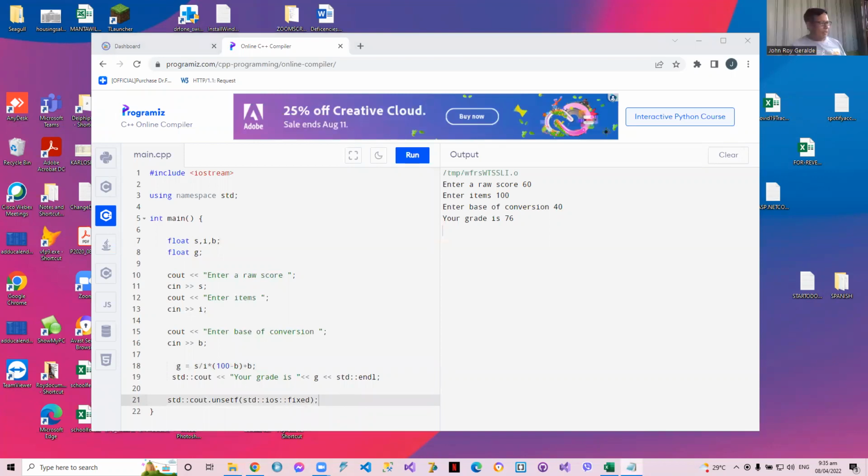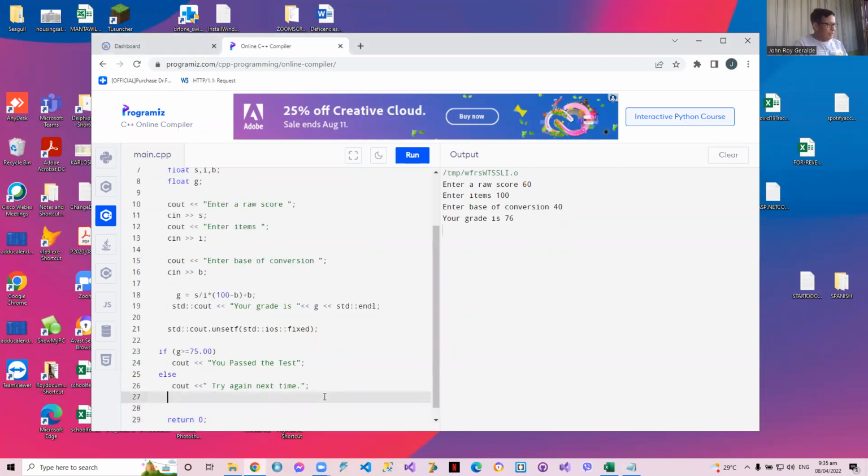And then we will make an if-then-else statement. This is how we did it in the analytical engine: if the grade is greater than 74.99. Do you follow?